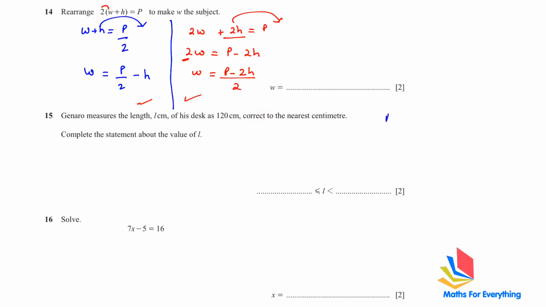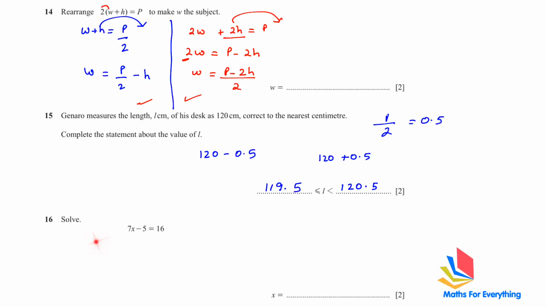So 1 centimeter, right? Divided by 2. What will you get? 0.5. To find the upper bound, add 0.5. You will get 120.5. And to get the lower bound, subtract 0.5. We will get 119.5.